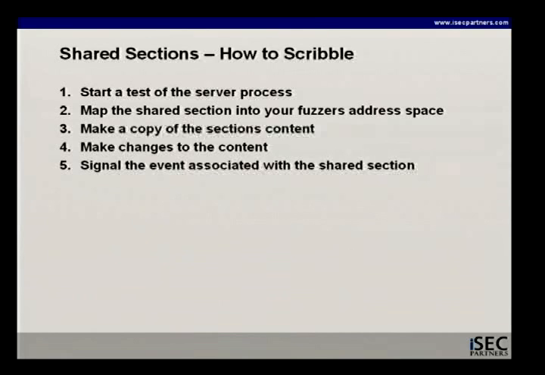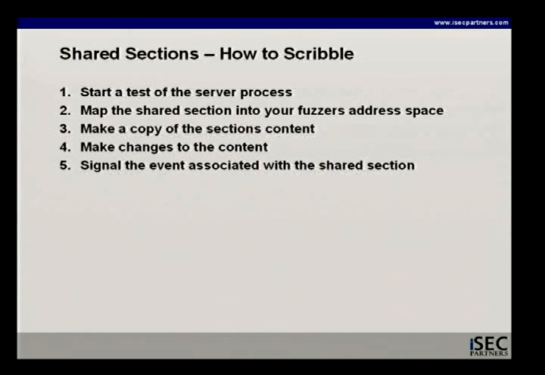So, how to scribble? Well, first thing you do is you start a test server running. You should run a test client at least once to kind of get the structures. Sorry, when someone writes a message to a server through a shared section, the message is usually just left sitting in the shared section when it's done. So if you run the client a couple times, you can kind of prime it.